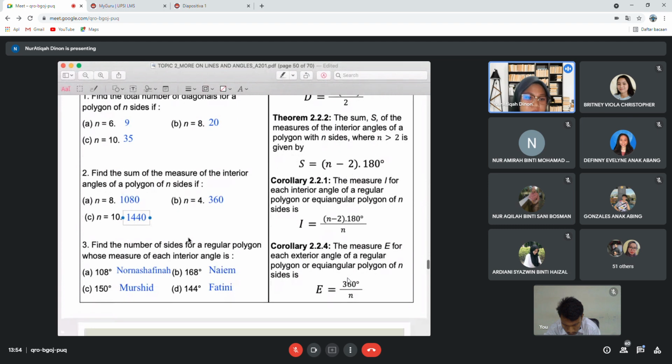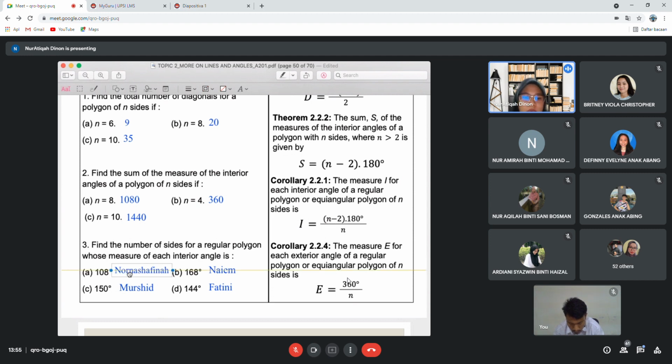Okay, number 3, find the number of sides for a regular polygon whose measure of each interior angle is in this list. This question is looking for the number of sides given the measure of each interior angle. So here we are using corollary 2.2.1, where we have the value of I and need to find the value of n.